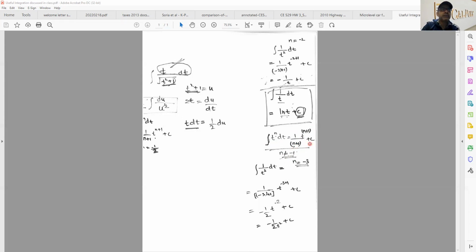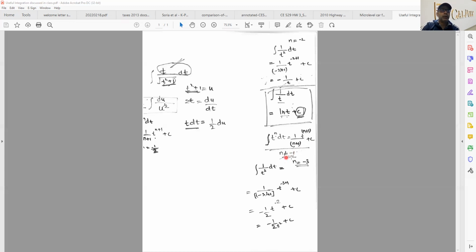And then I have a c at the end, which is a constant number independent of t. We always add that because when we differentiate the constant number c with regards to t, you will get 0. So that's why we always add a plus c to the indefinite integrals.